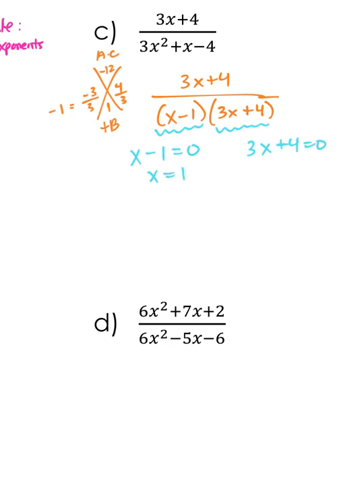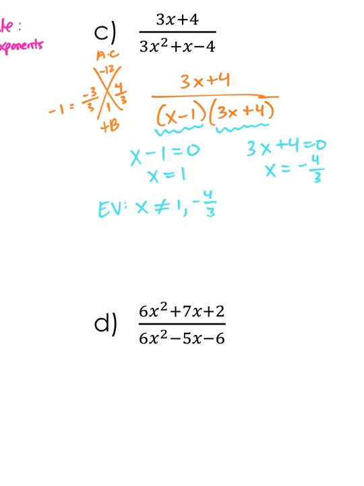So x equals 1, and then x equals negative 4 over 3. Those are my excluded values. So x cannot equal, actually, I'll do it a little differently. Excluded values: x cannot equal 1 or negative 4 over 3.